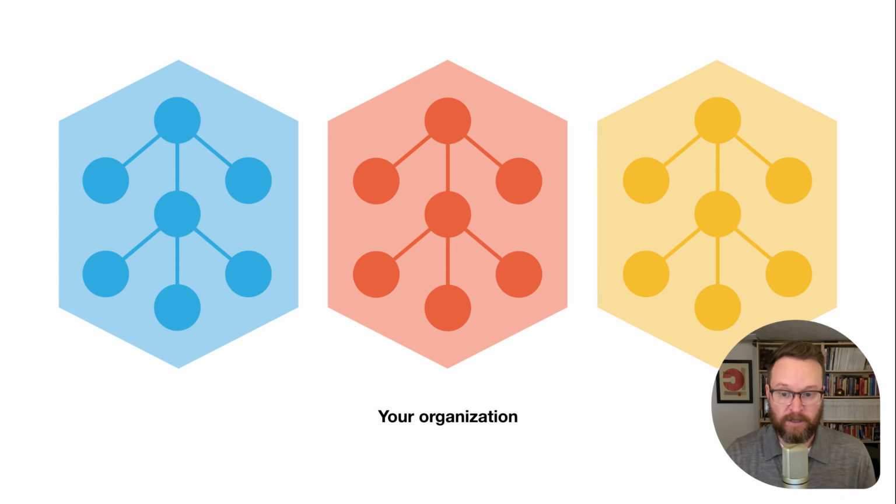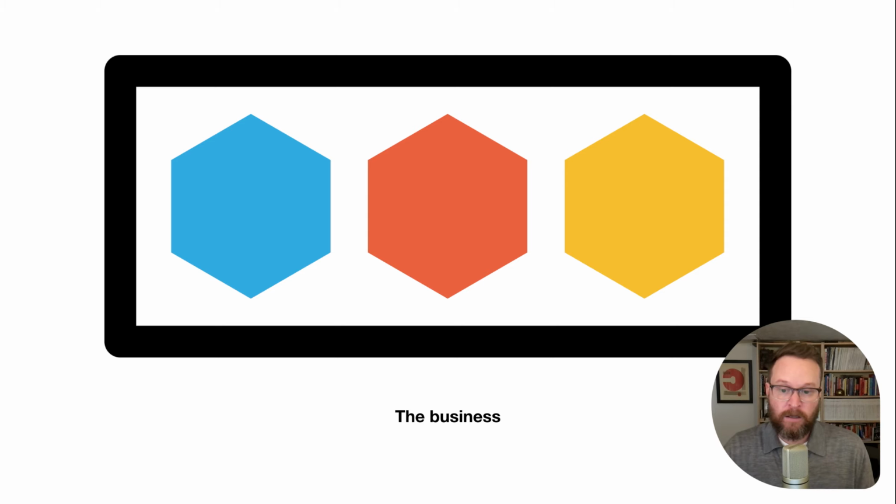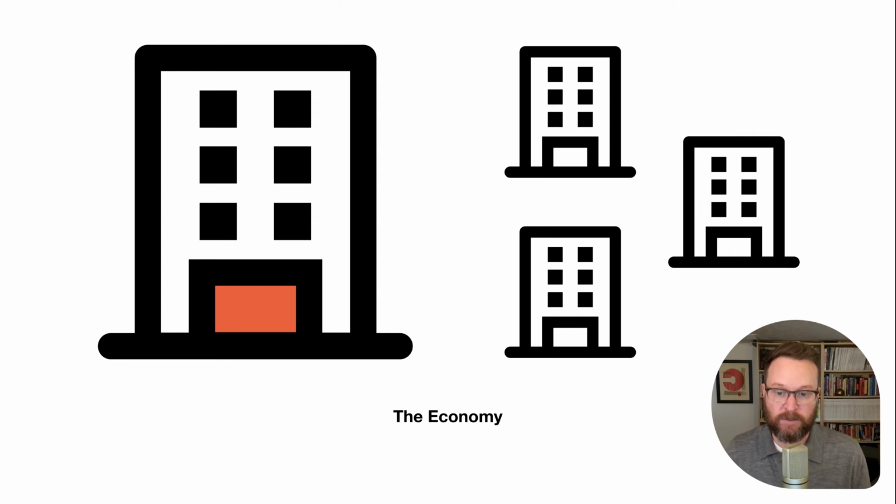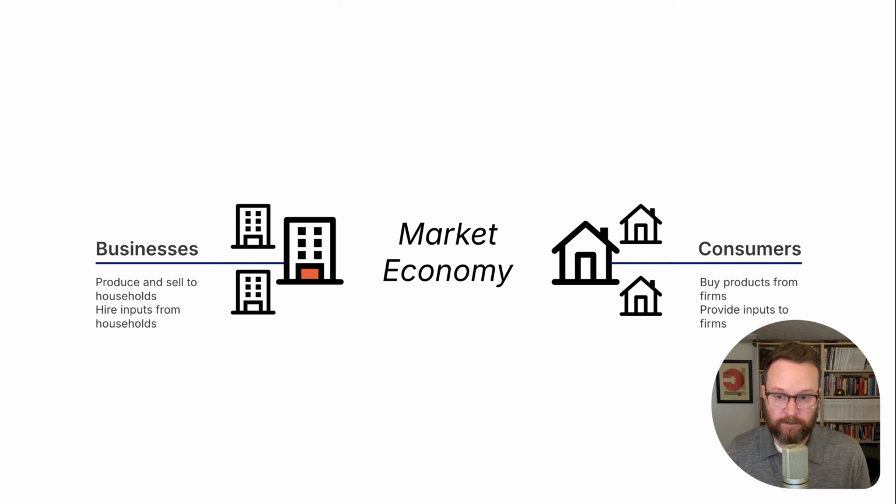But that's only part of it, because the business is made up of your organization, of course, but the business is also part of the economy. So if we zoom way out, probably to the top level, the economy has an impact on the business that cascades down to the organization and ultimately you.